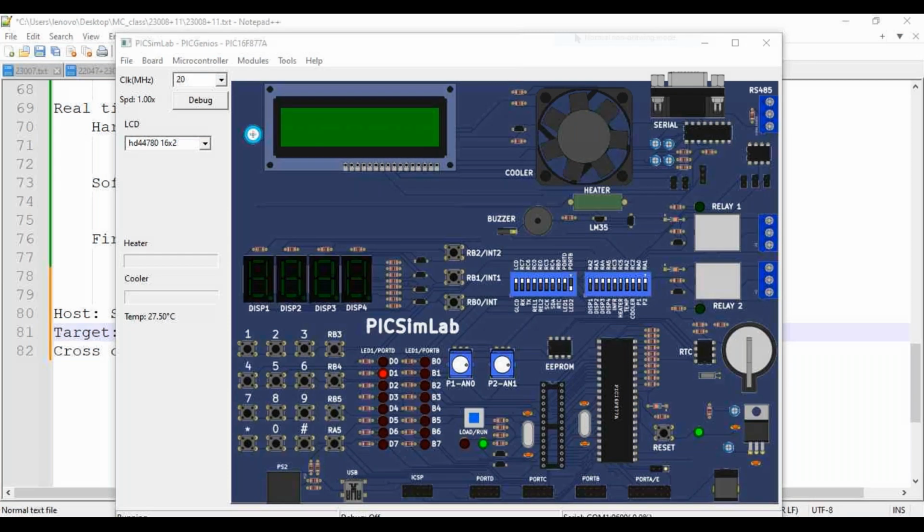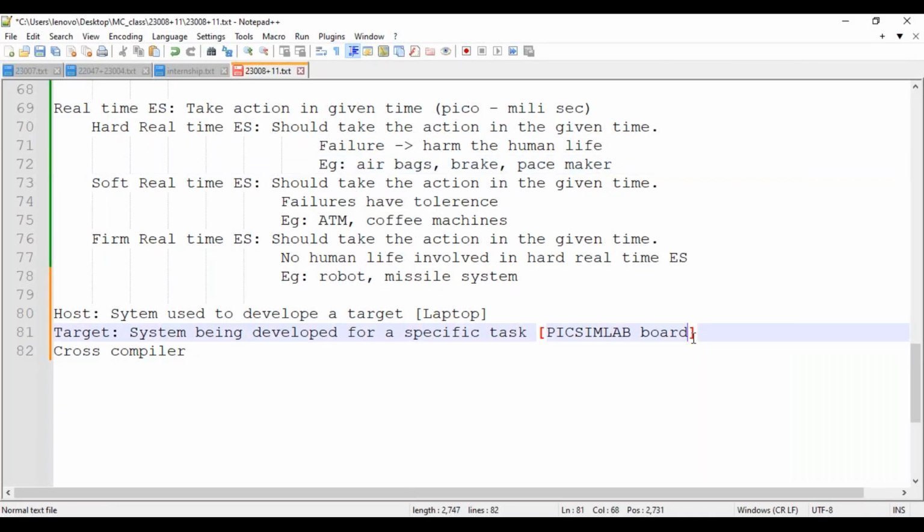Especially it is the microcontroller. Please remember the microcontroller's name, which we are going to use throughout the module. It is PIC16F877A. There are multiple microcontrollers of the PIC series itself.